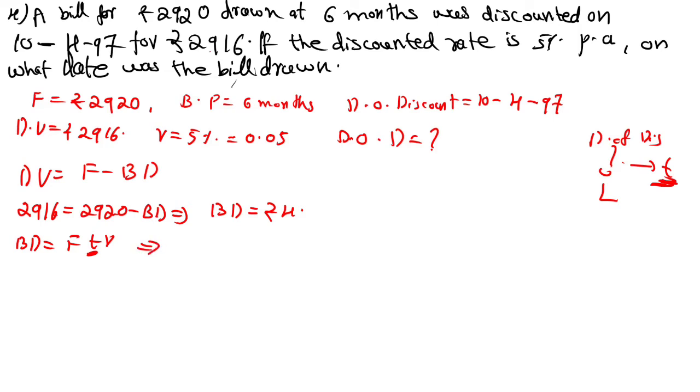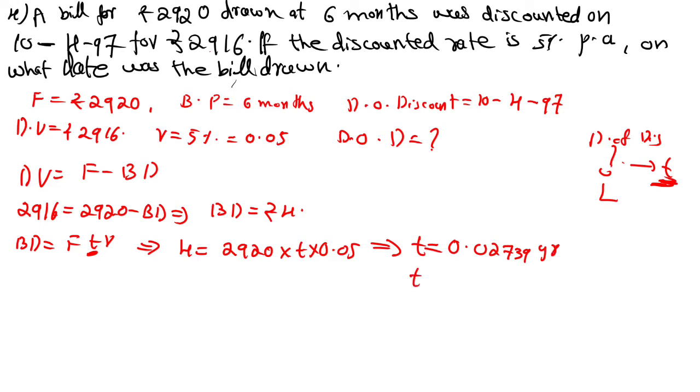This implies BD is equal to 4 is equal to face value 2920 into T into rate of interest equal to 0.05. This implies here you will get T is equal to 0.02739. Okay, years, right? T is in years, you need to convert into days.